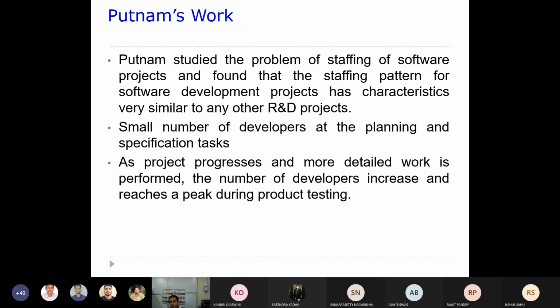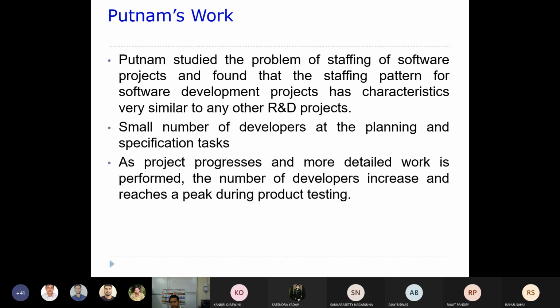So now Putnam. I stopped here at this point of time, right? Putnam studied the problem of staffing of software projects and found that the staffing pattern for software projects has characteristics very similar to other R&D projects. Okay, but a small number of developers at the planning and specification tasks.